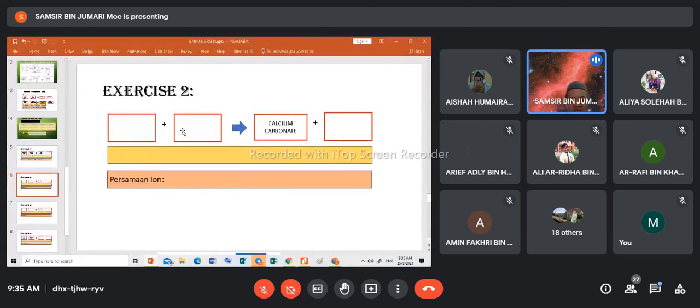What are the solutions for preparing calcium carbonate? One solution should contain calcium ion and the other carbonate ion. But the reactants should be soluble, in solution state.